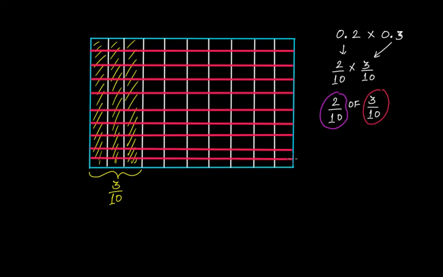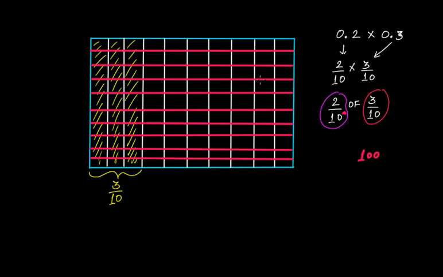Not very accurately divided, but just think that all these parts are equal in size. Now this 2/10 of 3/10 tells us that you have divided each part into 10 equal parts. Now how many equal parts do we have in total? We have a total of 100 equal parts.